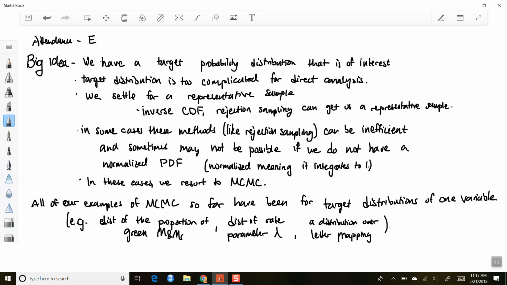It's just one thing to vary. Okay, and so today I'll introduce some concepts for joint distributions of multiple random variables. We'll take a look at the most simple case, and then we'll discuss the Metropolis algorithm in that context, and then on Wednesday we'll look at better algorithms here.